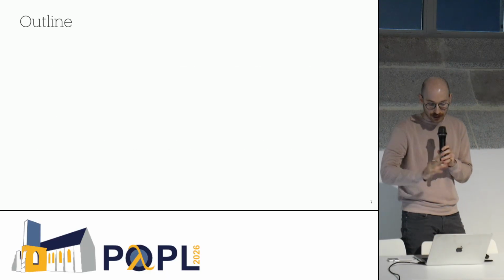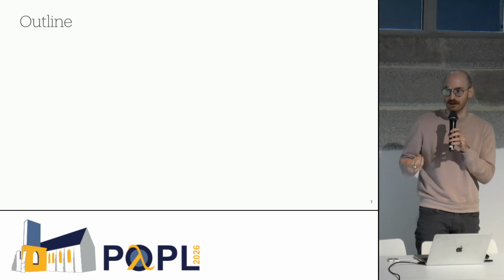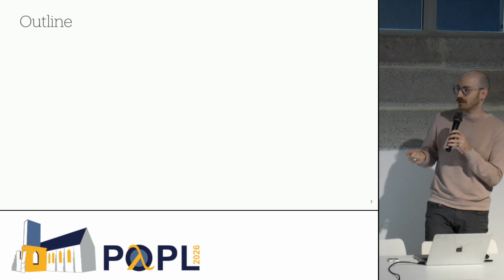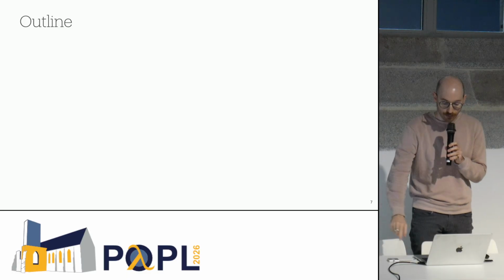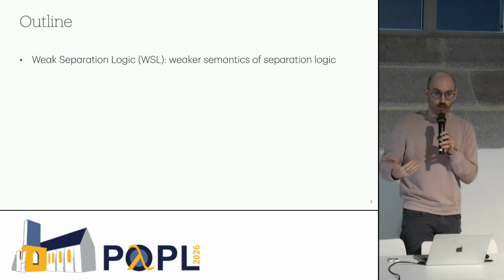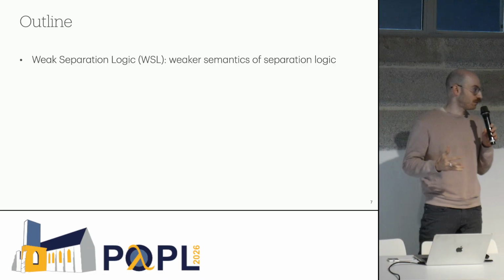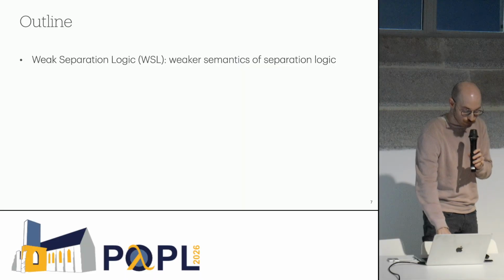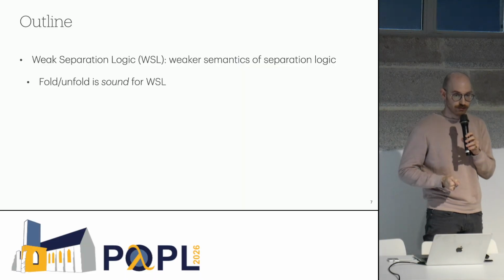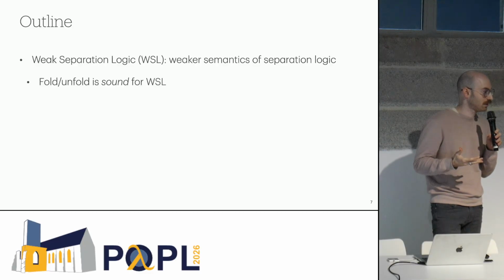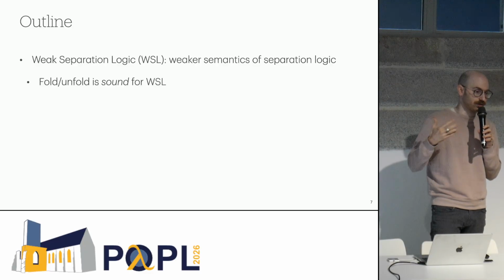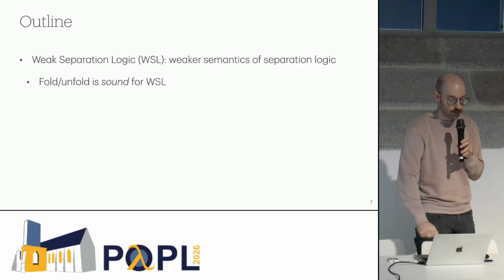So that's the high-level answer, and for the rest of the talk, I'm going to give a bit more concrete answers. I'm going to introduce weak separation logic, which has weaker semantics than separation logic. And crucially, fold and unfold is sound for that logic. So fold and unfold reasoning must consider all of the models considered by weak separation logic.